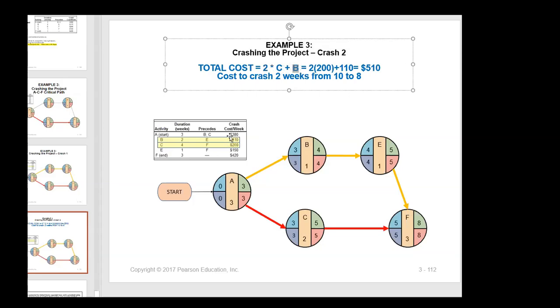Just plug in the cost. 2 times C, C costs $200, and 1 time B costs $110. Just calculate that. Total is $510, and we could crash 2 weeks from 10 to 8 weeks.